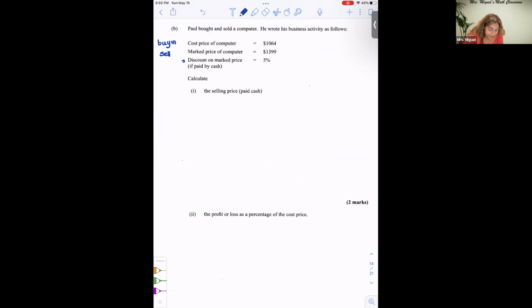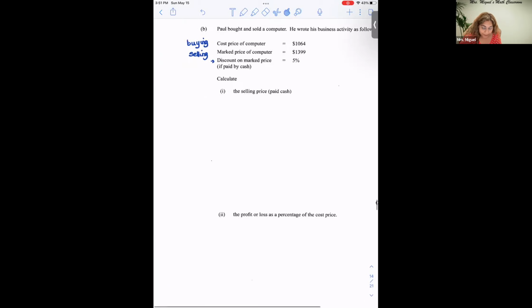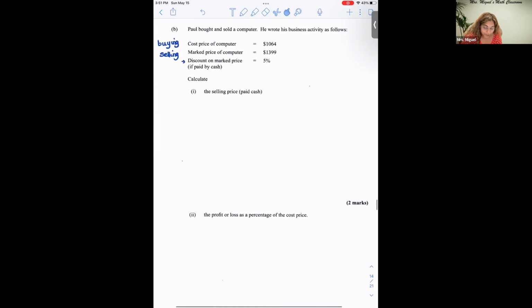So the buying price, the cost price, the selling price, another way of writing it is the mark price. We want you to work out the selling price. If you pay cash, again, 5% off. 5% of which value? Well, 5% of the selling price. And we want to find the profit or loss as a percentage.